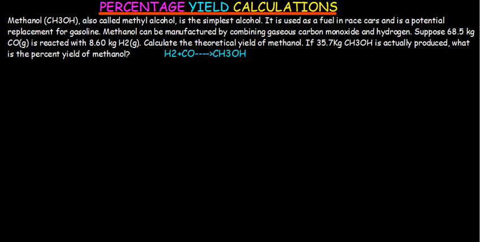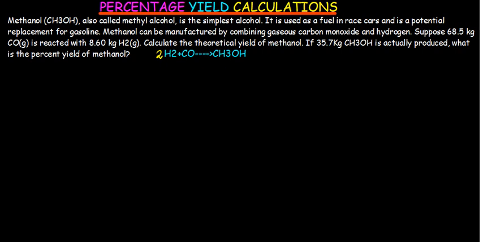Now notice, the first thing is, is the chemical reaction balanced? We've got one carbon, one oxygen, but we have four hydrogens on one side and only two on the other, so we need to balance the hydrogens by putting a 2 here. Alright, now balanced.